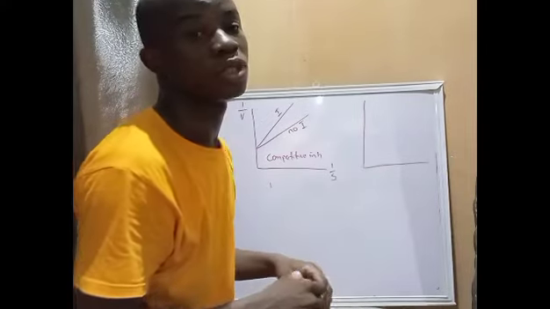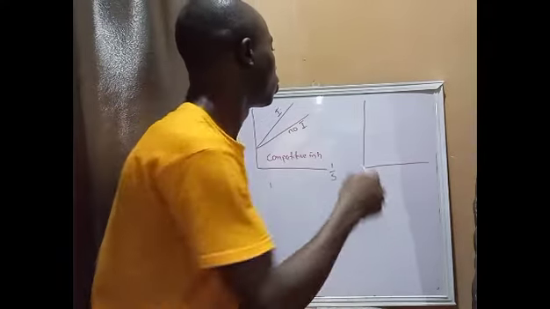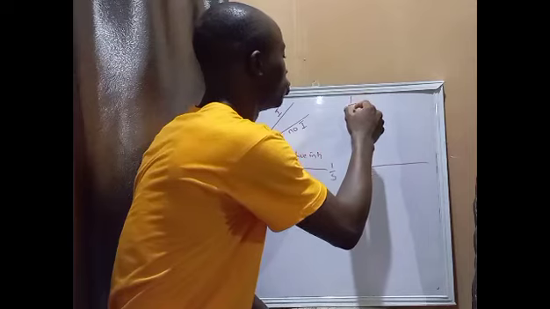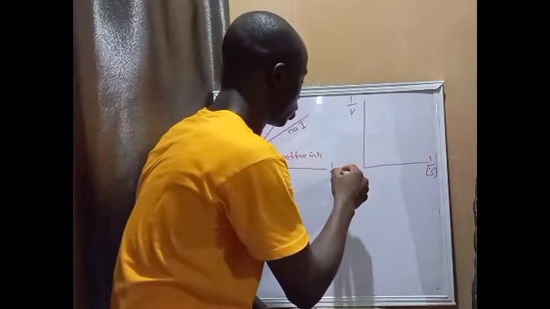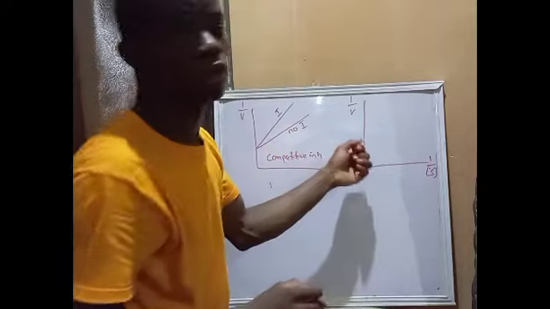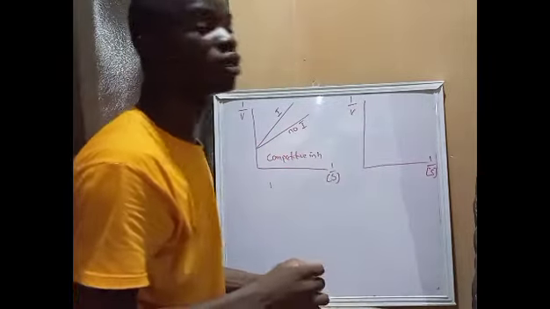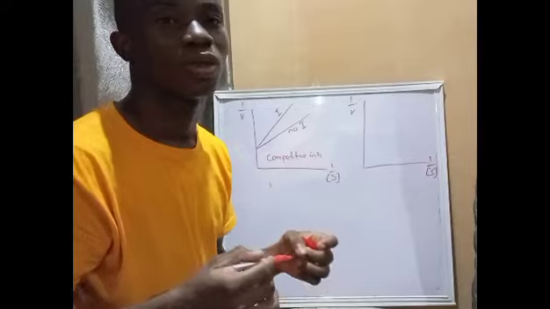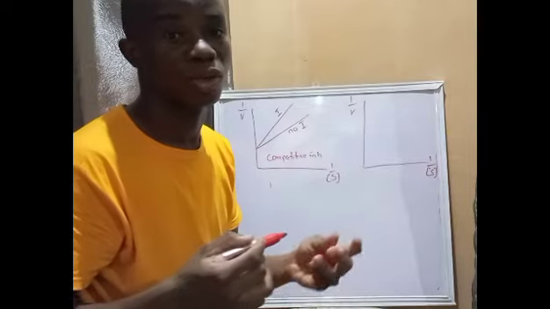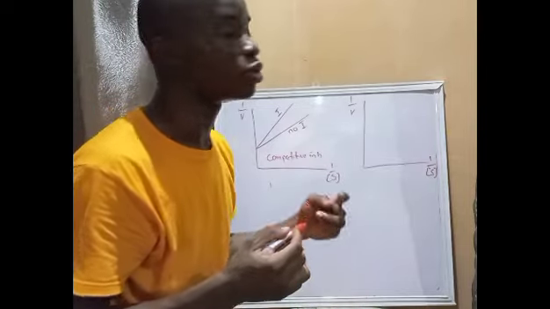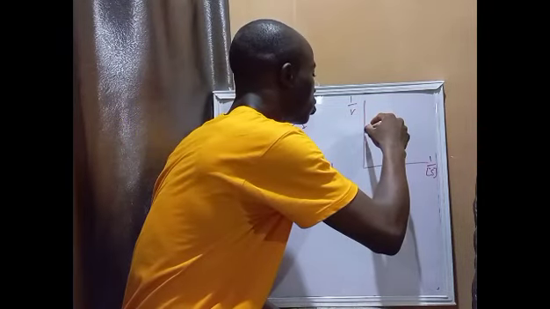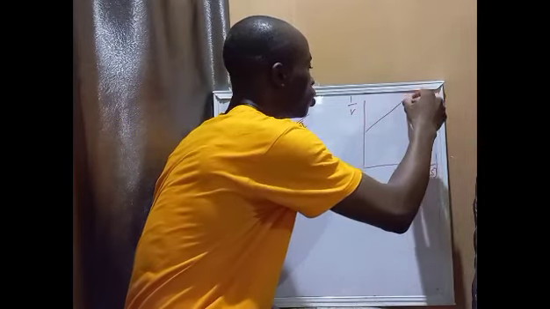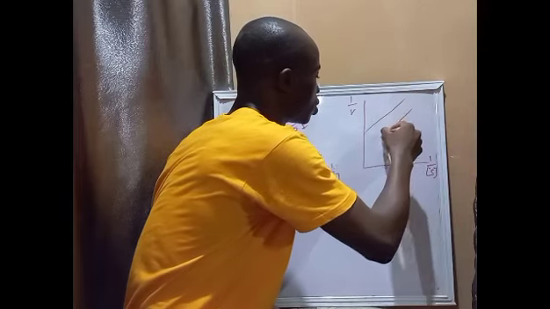For the uncompetitive inhibition, we also have 1 over V against 1 over substrate concentration. So when you plot the graph, for the reaction that contains inhibitor and for the one that does not contain inhibitor, you are going to have something of this nature, and at the same time you have this.